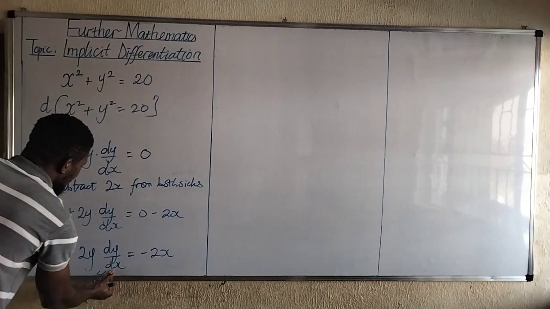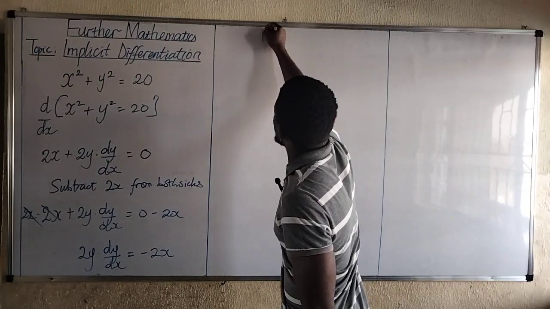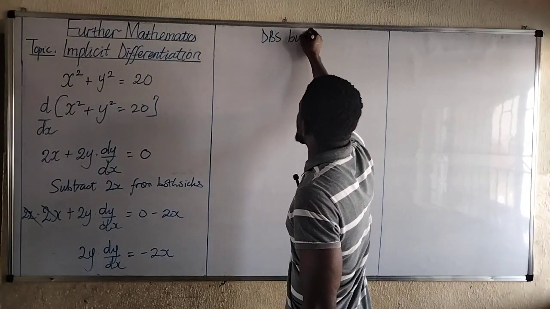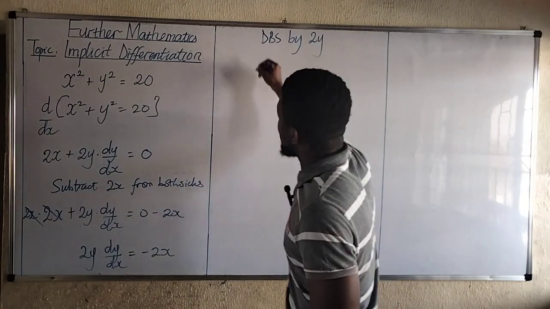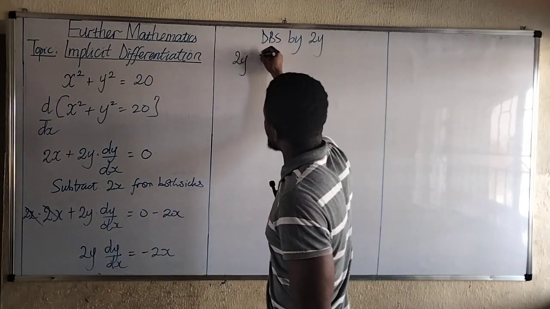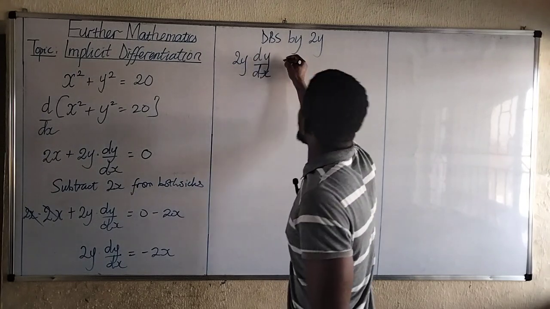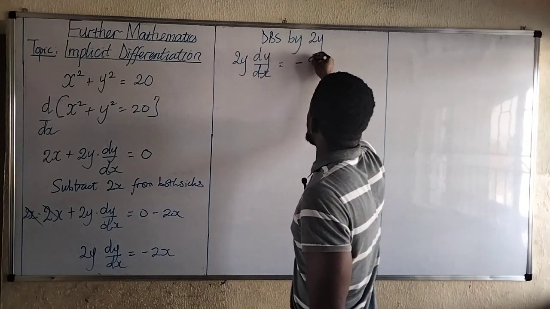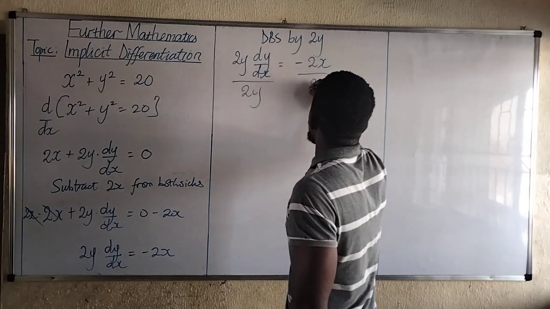Alright, having reached here, what we are going to do next is to divide both sides by 2y. When we do it, we have 2y dy over dx equal to negative 2x. Here divided by 2y, here divided by 2y.